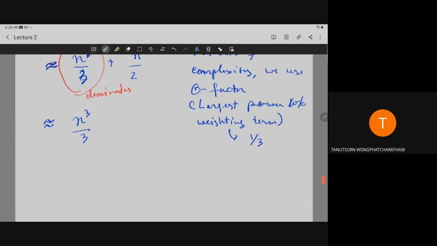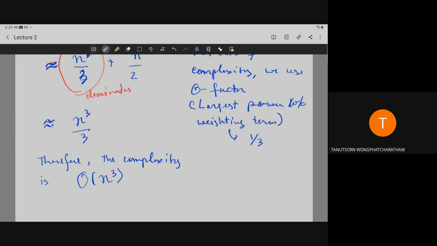So here we will say that therefore the complexity of this operation is O. We write it as an O, like the alphabet letter, and then we take away the weighting term, which is 1/3, so we write n cubed. And this is how we compare complexity in general.